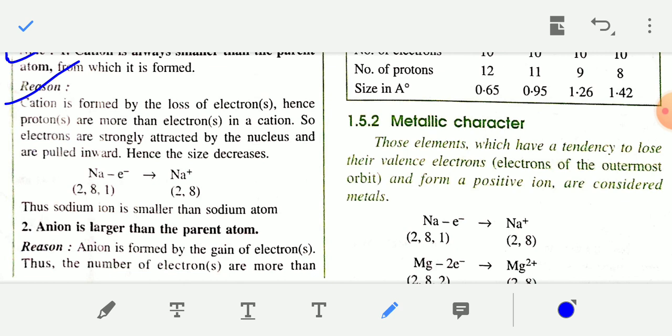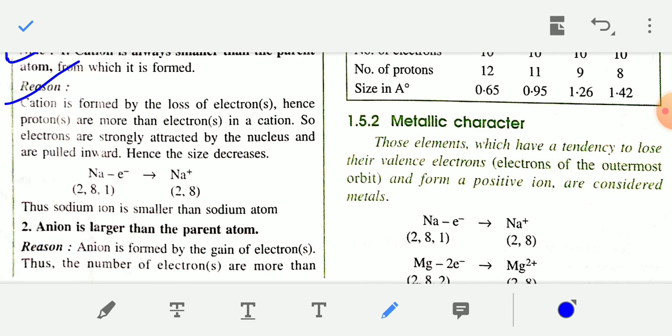Hence after losing electrons, you will see that in the nucleus the number of protons will be high compared to the number of electrons. So protons are more than electrons in a cation, electrons are strongly attracted by the nucleus and pulled inward, and hence size decreases.